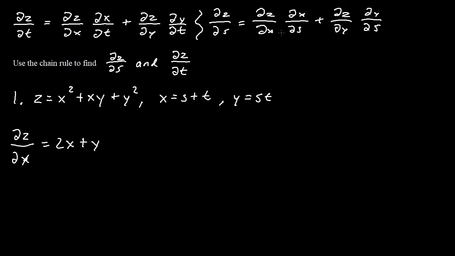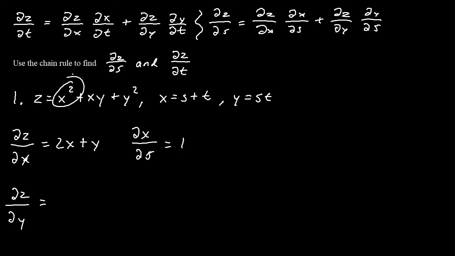And so let's go ahead and find the partial derivative of x with respect to s now. So in this case, the partial derivative of x with respect to s is going to be equal to, now s is going to be the variable, t is a constant. So the derivative of s plus t is simply just 1. So now finding the partial derivative of z over the partial derivative of y, that is going to be equal to, well, this time y is the variable, x is the constant.